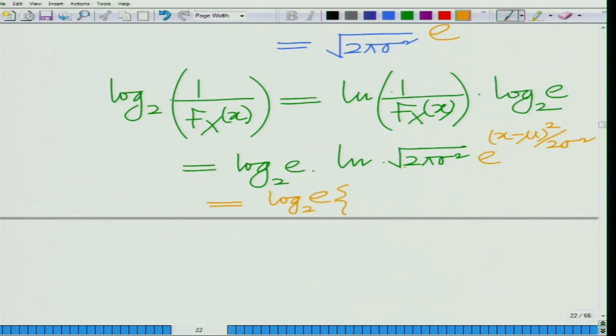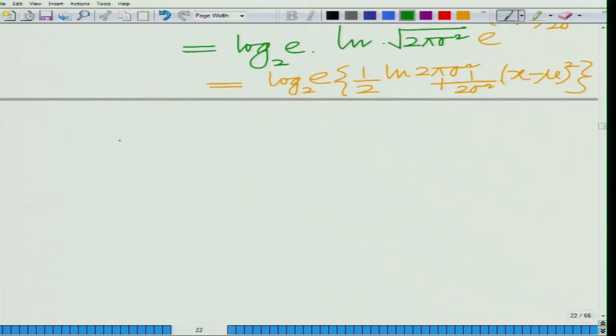Now, the log of square root of 2 pi sigma square is half log 2 pi sigma square, plus 1 over 2 sigma square into x minus mu whole square.